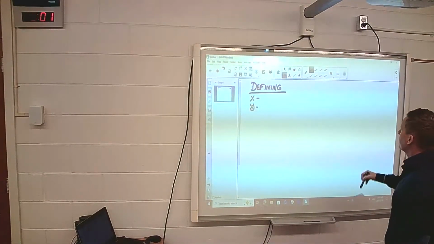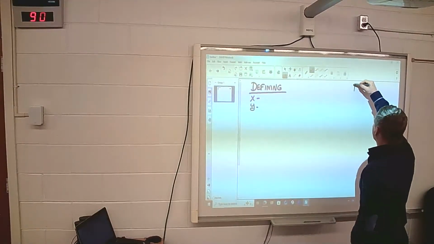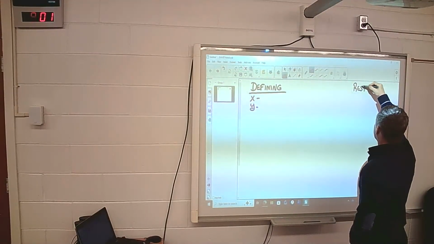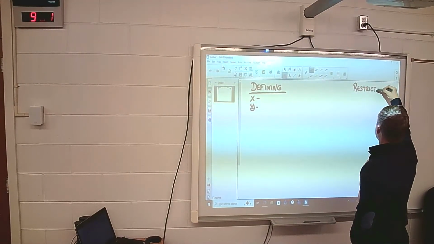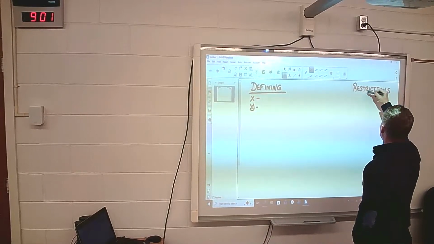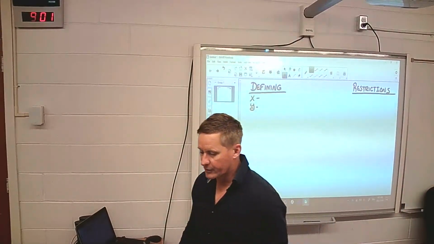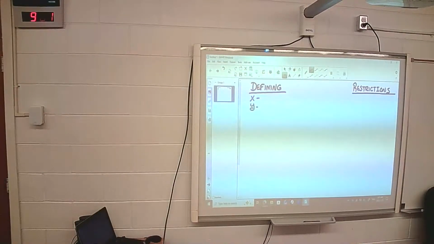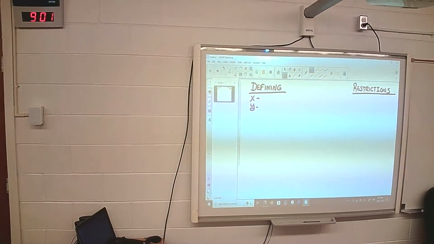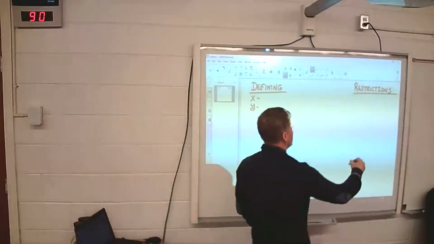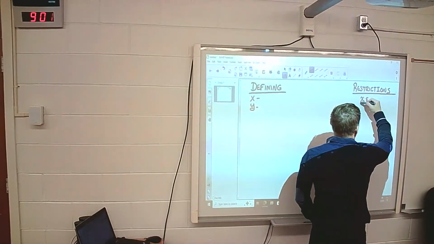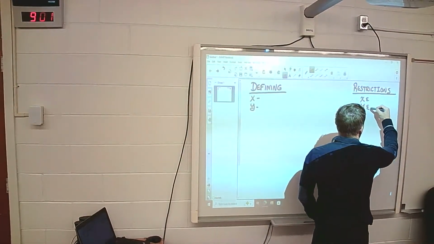The second part that you have to do is restrictions. The restrictions are the restrictions that are added to the graph. They will always look like X is an element of, Y is an element of.